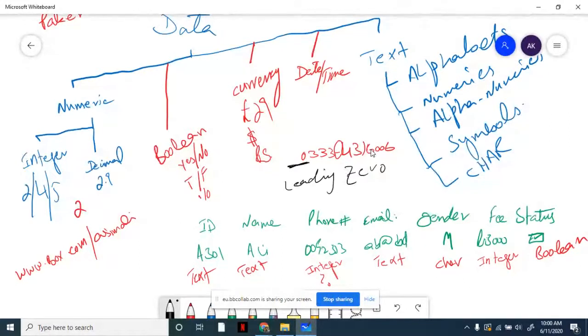So we will be using text. Remember this: for phone numbers, for zip codes, for postal codes, we always have to use text. We will always use text for these.